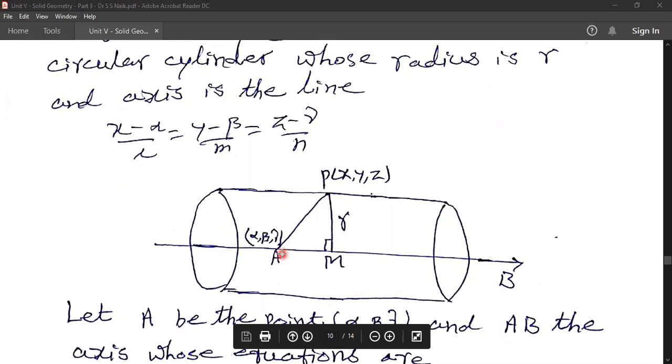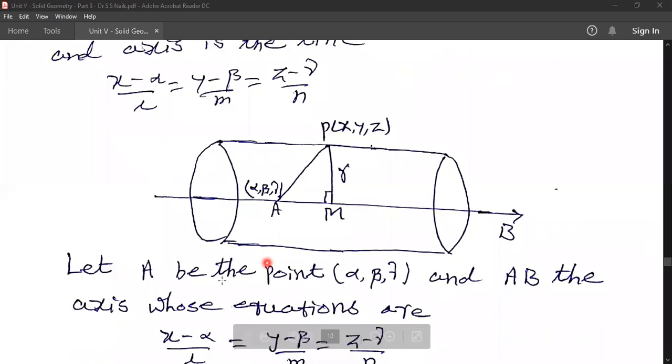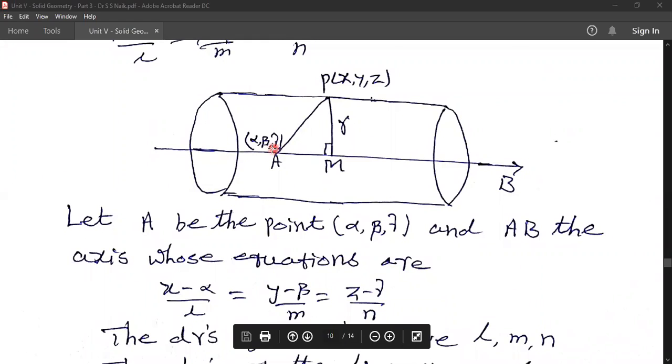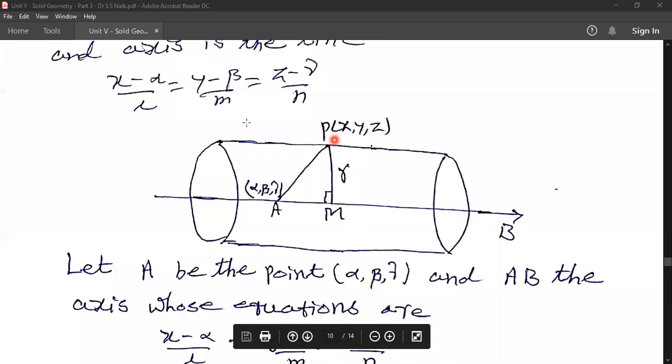Then we take any point on the axis. So we'll start like this. Let A be the point (alpha, beta, gamma). So this is a point that is on the axis of the right circular cylinder, and AB is the axis whose equations are (x minus alpha) upon L is equal to (y minus beta) upon M is equal to (z minus gamma) upon N. Now this is already given.